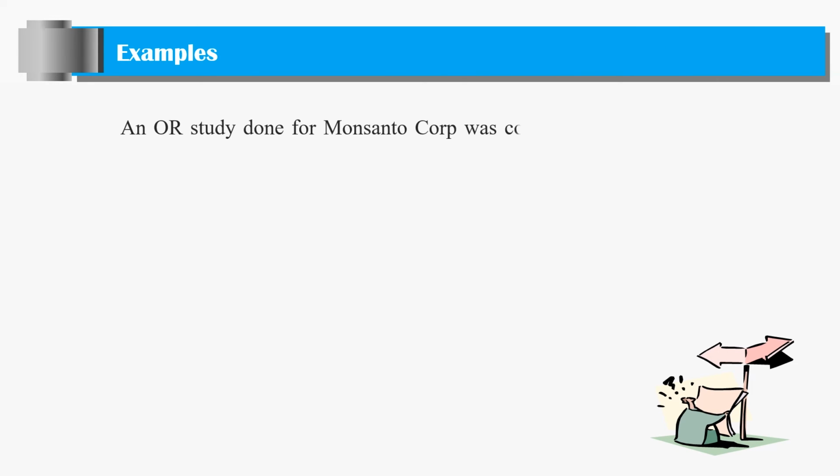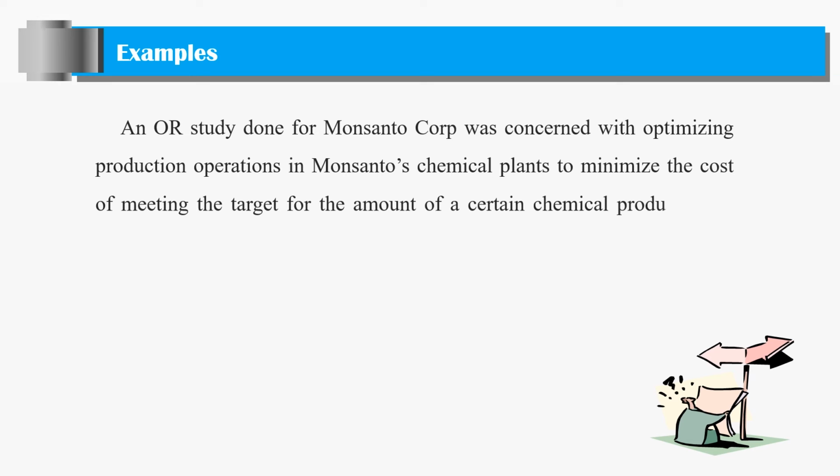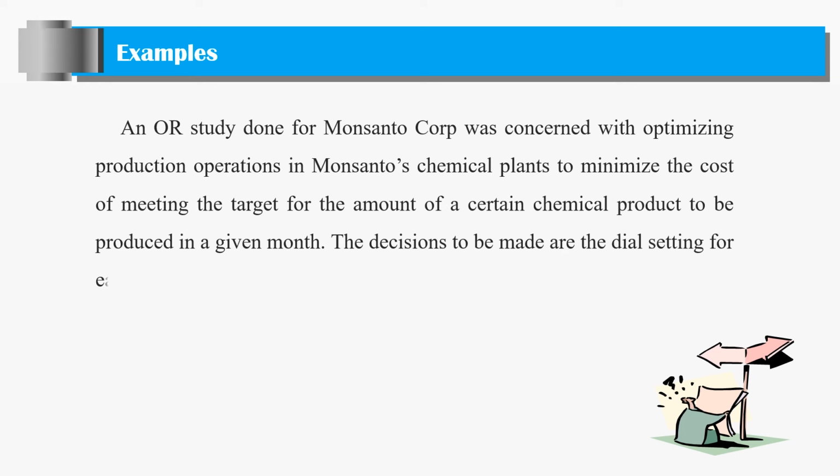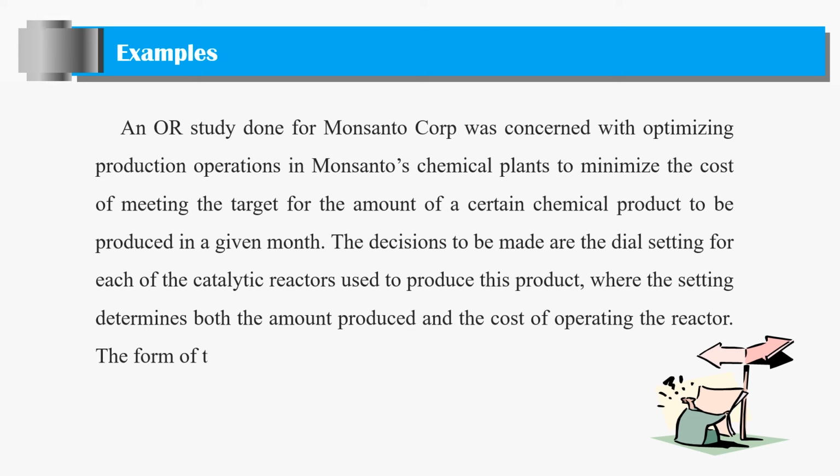For example, an OR study done for Monsanto Corp. was concerned with optimizing production operations in Monsanto's chemical plants to minimize the cost of meeting the target for the amount of a certain chemical product to be produced in a given month.